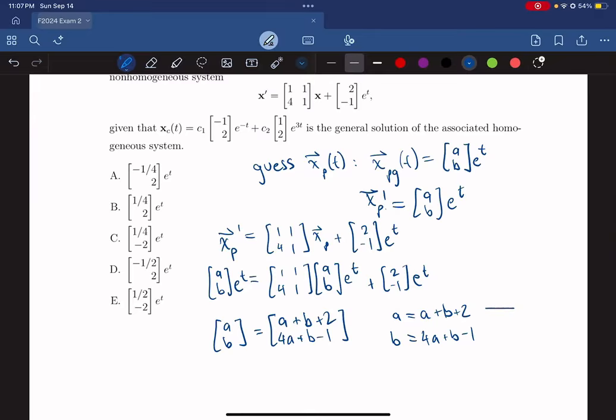I'm not going to go over this too much because this is basic algebra. And from here, we can just sub in negative 2 into here and solve. And we get that a is negative 1 over 4.